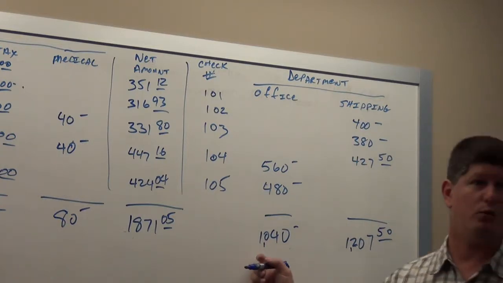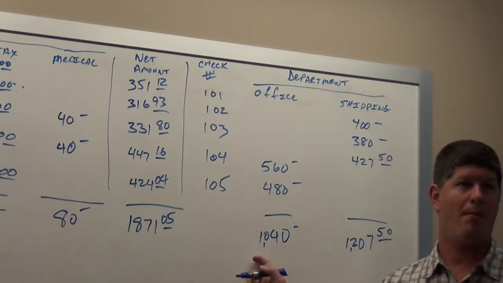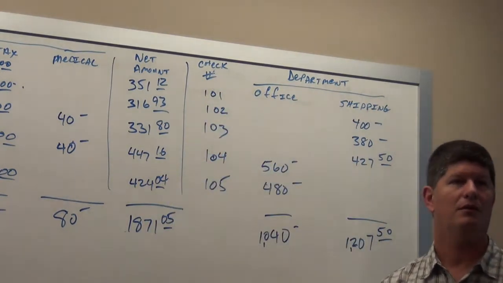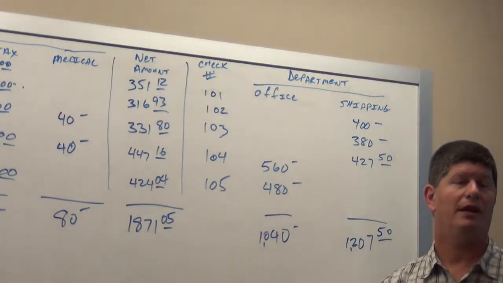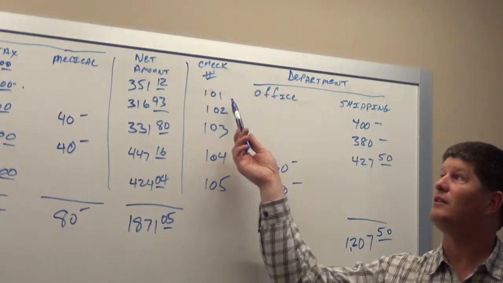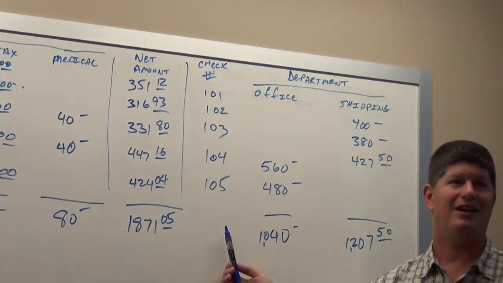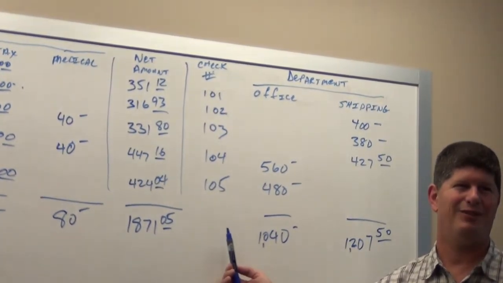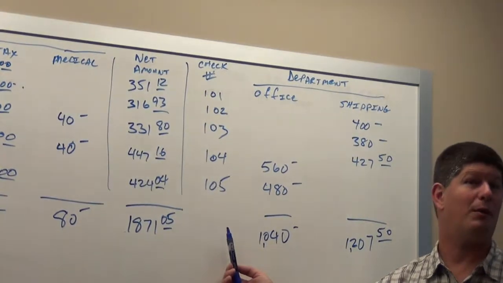Where would this go when we post it? The salary expense for that department. I understand, but in total, where does all of this get posted? General ledger, right? However, it's a check, so it can go in your cash disbursements journal. So just remember that.